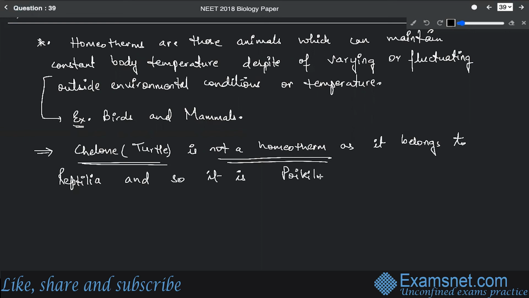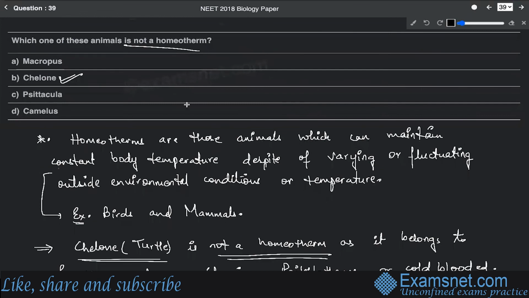So that's why it is a category belonging to poikilotherm category. That means they are not able to maintain constant body temperature. That means they are considered to be cold-blooded animals. All right. So that is the case. Cytacula, again, Cytacula is a category of bird. So this is also a homeothermic animal. Camelus is camel, which is a mammal. All right. So that's why the correct answer is option B.